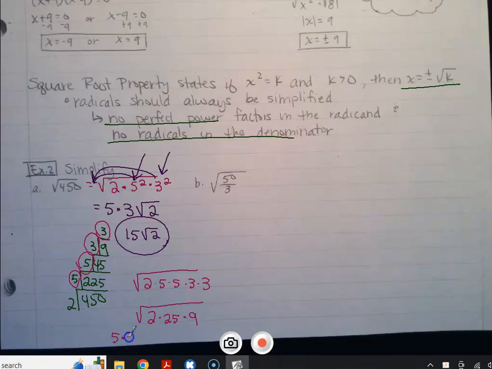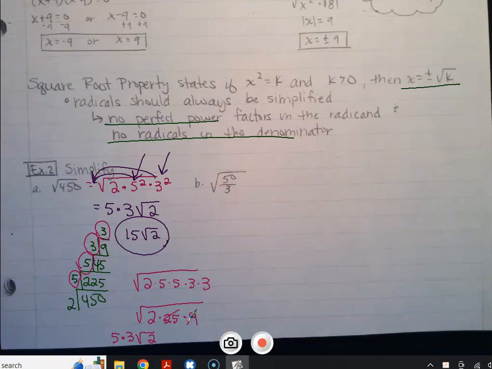So that's why we can pull those out, and we have to leave the 2. But 25 is the same thing as 5 times 5 or 5 squared. Okay, so that division by primes helps us tremendously to get to this point.